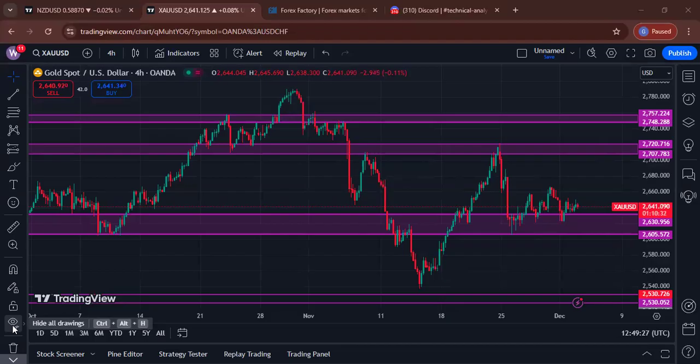I'm sure this is the first U.S. election that has happened when you guys are now traders actively engaged in the markets. So you saw the kind of volatility that there was during that time, especially on the dollar pairs.